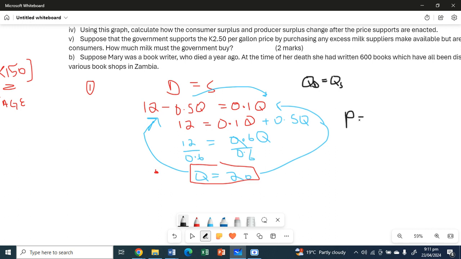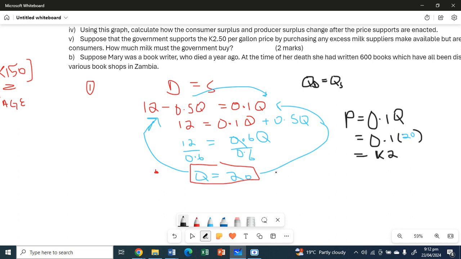P equals 0.1 Q. Just substitute Q with 20. 0.1 times 20, the equilibrium price is 2 kwacha.